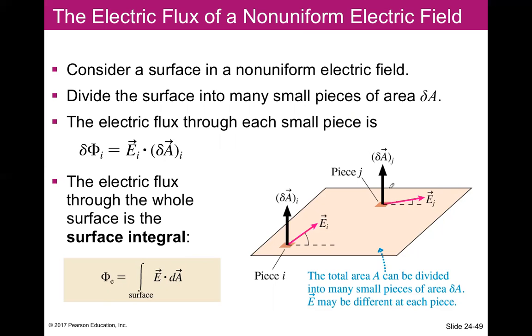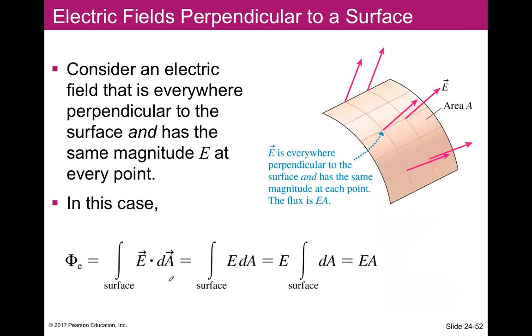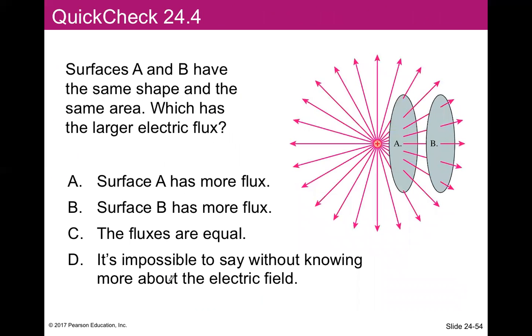Then if you want to calculate the electric flux on this surface, what you can do is an integral of E dot dA. And this integral, of course, is a surface integral. This is just a piece of surface. What about if the surface is a closed surface?